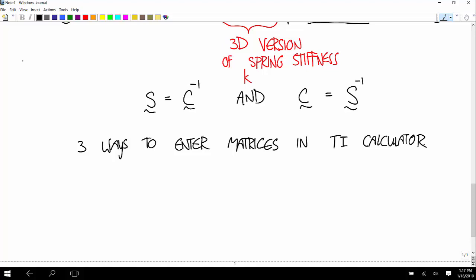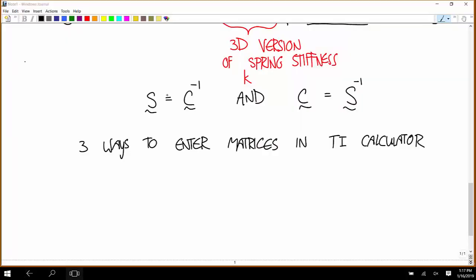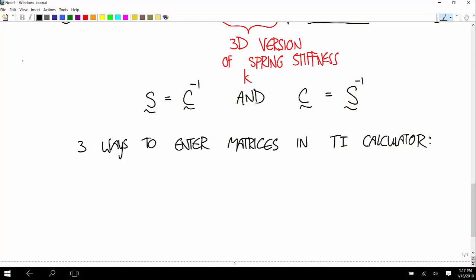Okay, so the first one, I think this is with the older calculators that were sold earlier. You have to hit the matrix button, and then it gives you sort of a GUI interface for entering your matrix values.